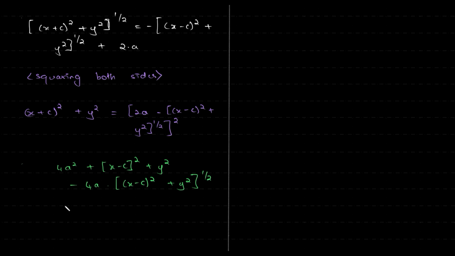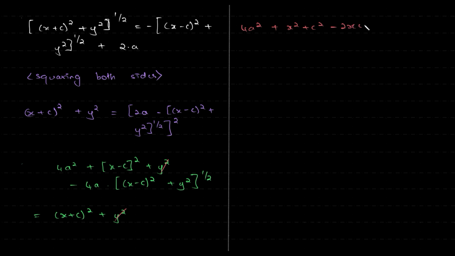So your LHS will continue to be (x plus c) the whole square plus y square. Again, I'm just rearranging things, nothing else. So we have y square that is common, we can cancel that. Now a bit of rearranging and expanding all of that is what we are looking at. So again we have 4a square over here and (x minus c) the whole square, I'm expanding it, minus 2xc.